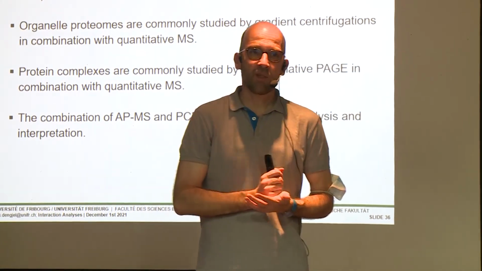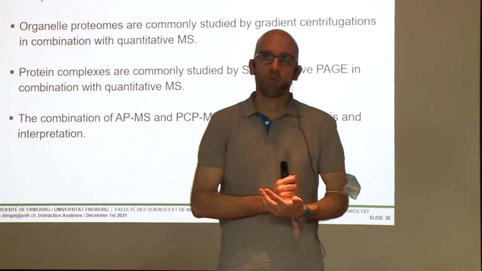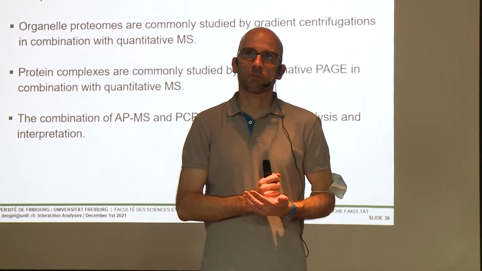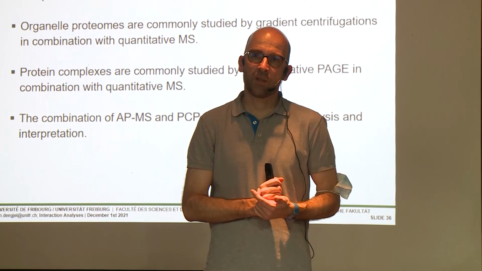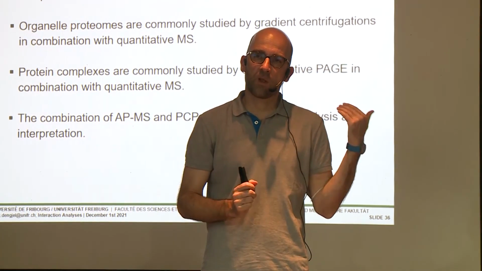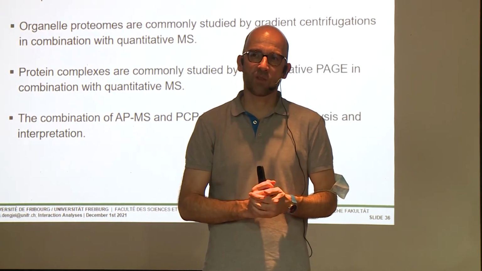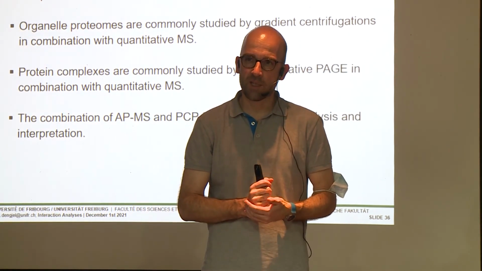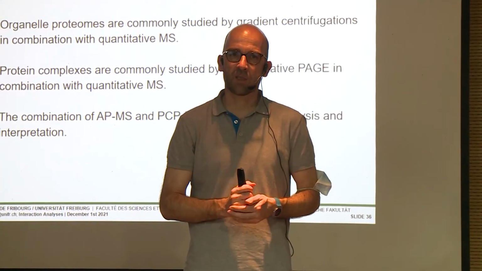For the second question, that's a very good point. We never really addressed that. For the interactions we found, I would assume that these are more the stable interactions that have a lower dissociation constant.